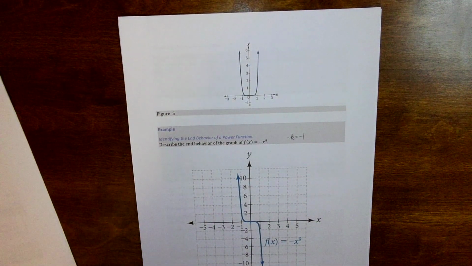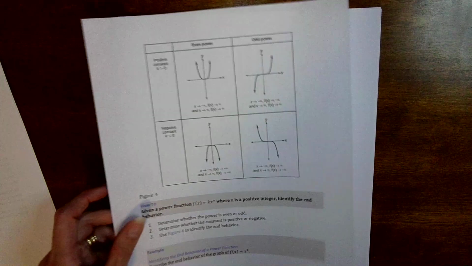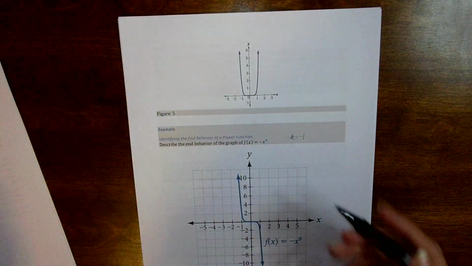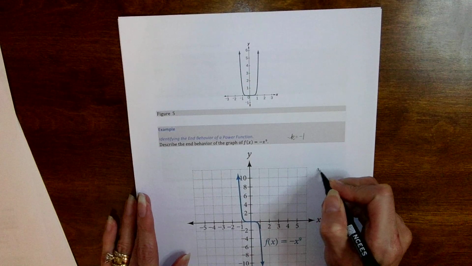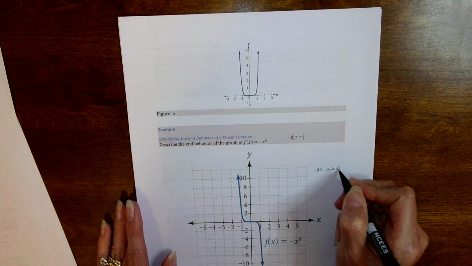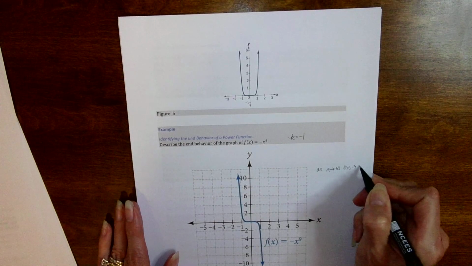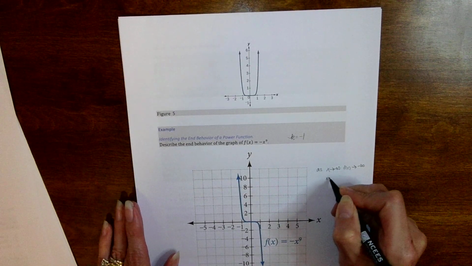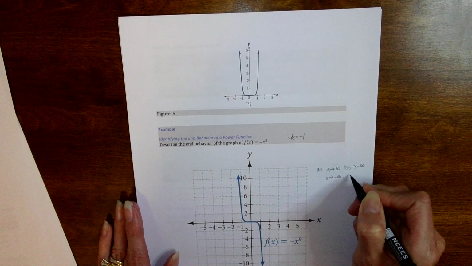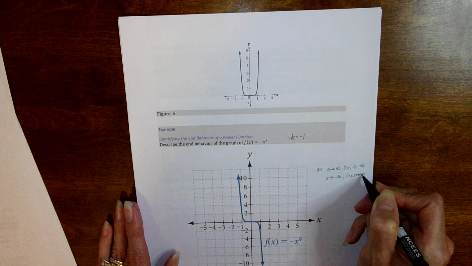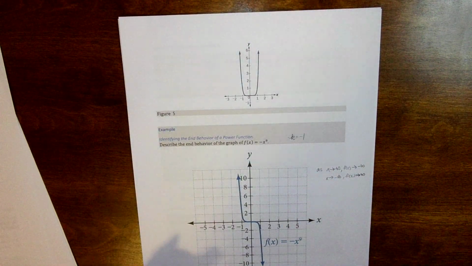And so we would go back to this here, and it would follow these rules right here. So we would say, as x approaches infinity, f of x approaches negative infinity, and as x approaches negative infinity, f of x approaches infinity. You can't say x equals infinity.